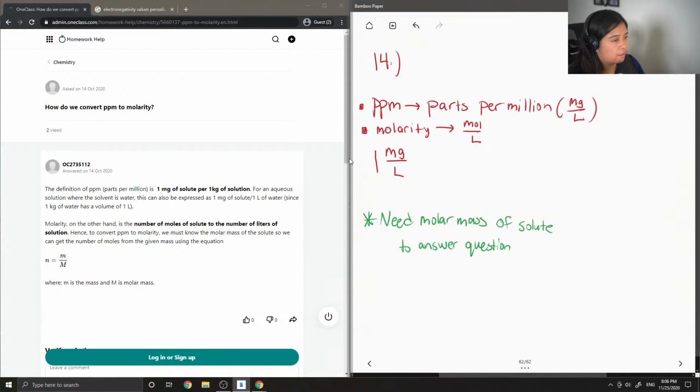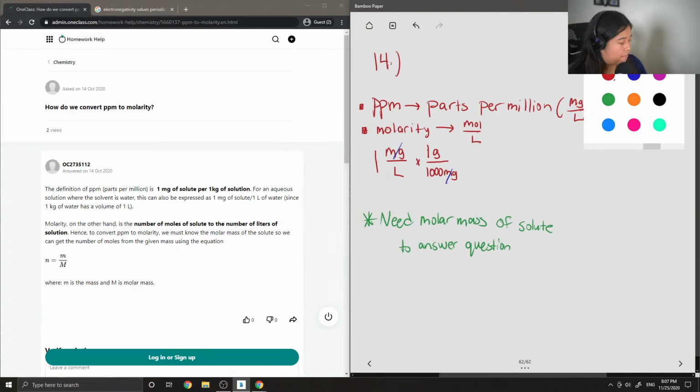So let's say we started off with 1 milligram per liter. First, let's convert it to grams. To do this, we will multiply by the conversion factor of grams to milligrams. There are 1,000 milligrams in 1 gram, so this will cancel out our milligrams. And we also need to convert our grams to moles.